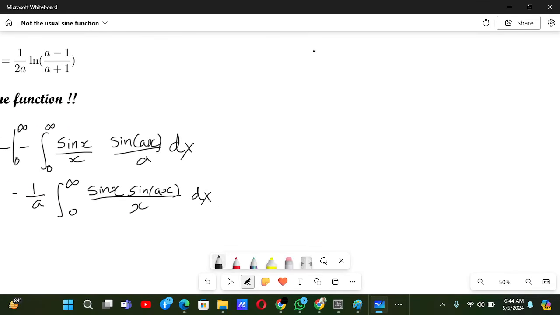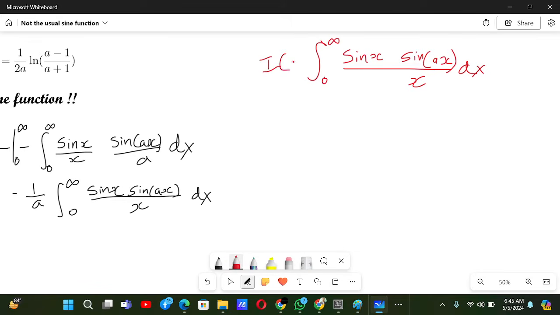First of all, let us take this integral only: integral from 0 to infinity of sine x by x dx. If we take this integral as, let's say, I of a, and differentiate with respect to a, the x in the denominator gets cancelled out, and we have something like sine x and then cos ax.